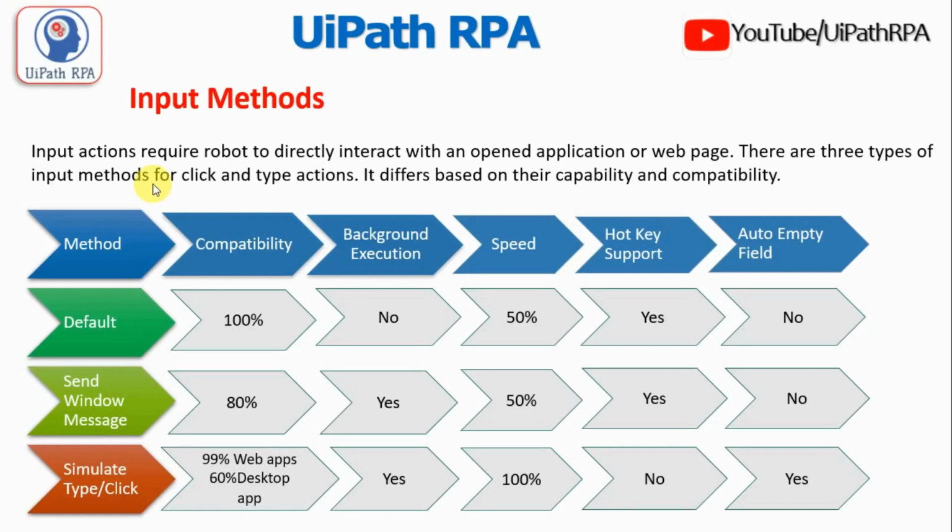Now the second method is send window message, right? Send window message compatibility is 80%, but it works in the background. If you apply this method, we can run our automation in the background as well, but there is no change in speed.